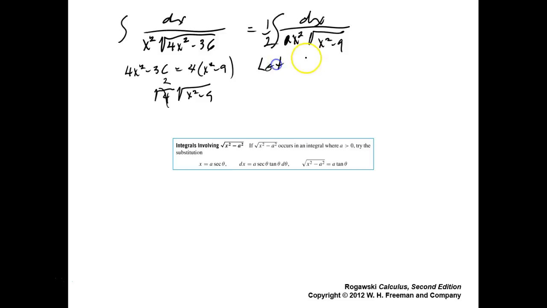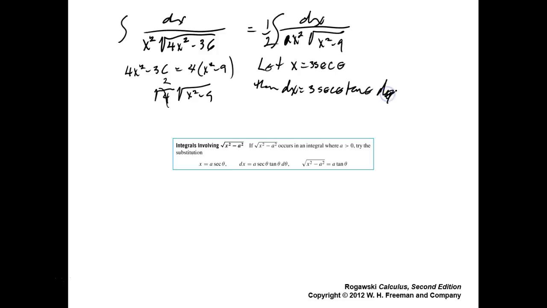Let x equal secant. This will then be a 3, right? 3 secant theta. Then dx is equal to 3 secant theta tangent theta d theta.